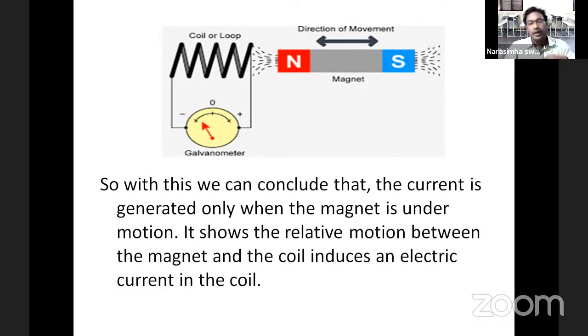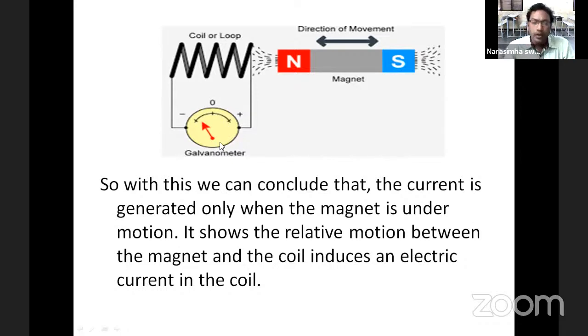Look at this same diagram. The magnet is moving, and the arrow indicates to and fro motion, backward and forward. The coil is connected to the galvanometer. While the magnet is coming closer, the galvanometer shows deflection in one direction, and while the magnet is moving away from the coil, the galvanometer deflection shows in the other direction.